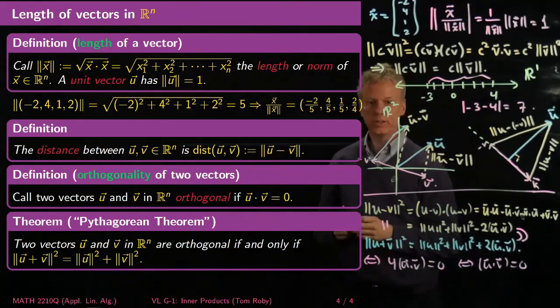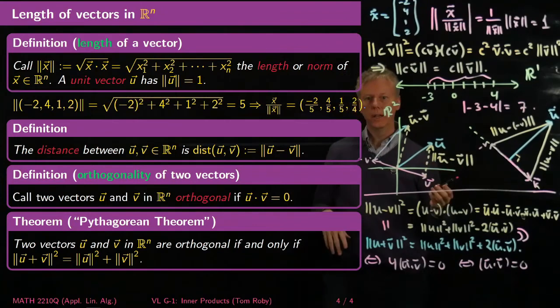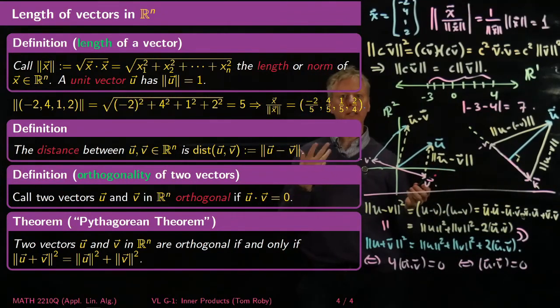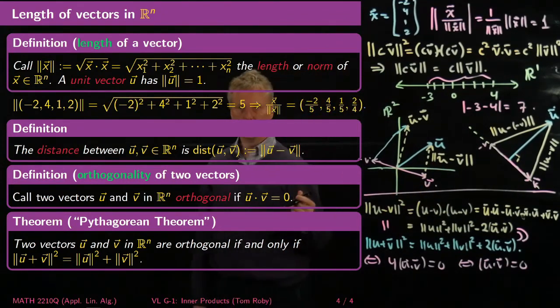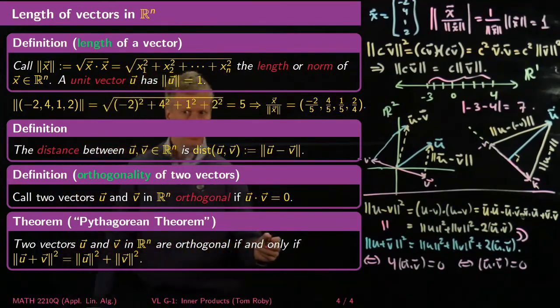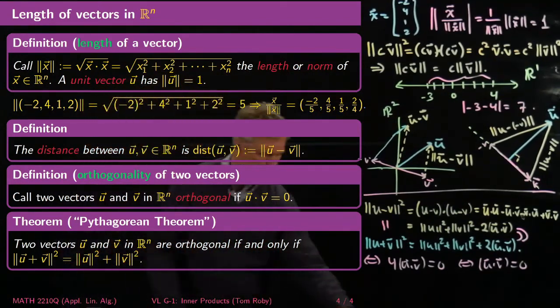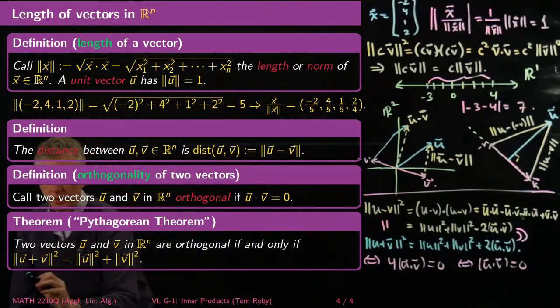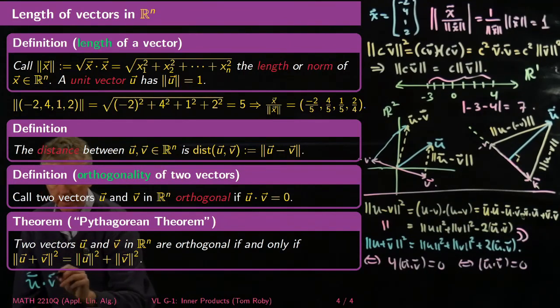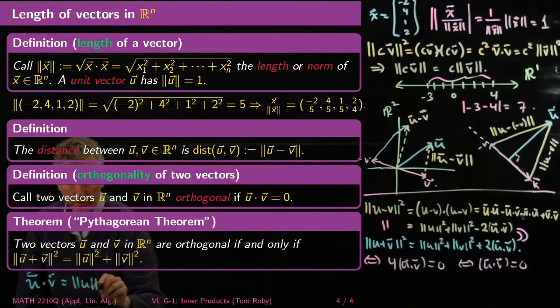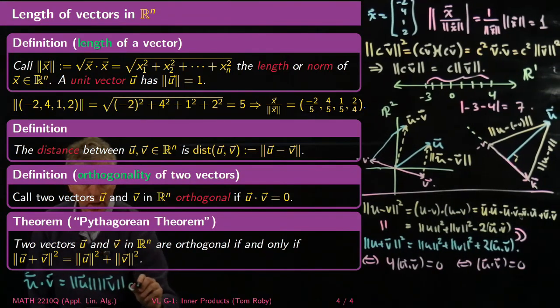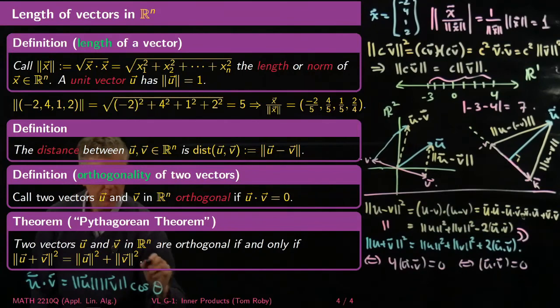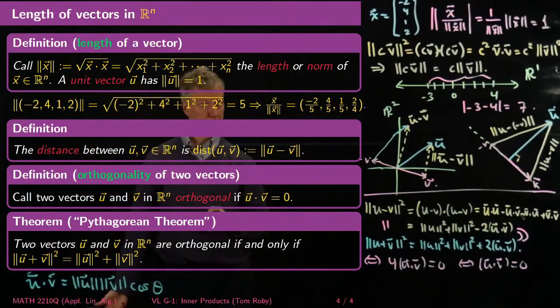And there's one last connection to make. You might have seen the dot product before, for example, in multivariable calculus, done in the following way. You might have seen a formula that looks like this: u dot v equals the norm of u times the norm of v, the length of u times the length of v, times the cosine of theta, where theta is the angle in between them.